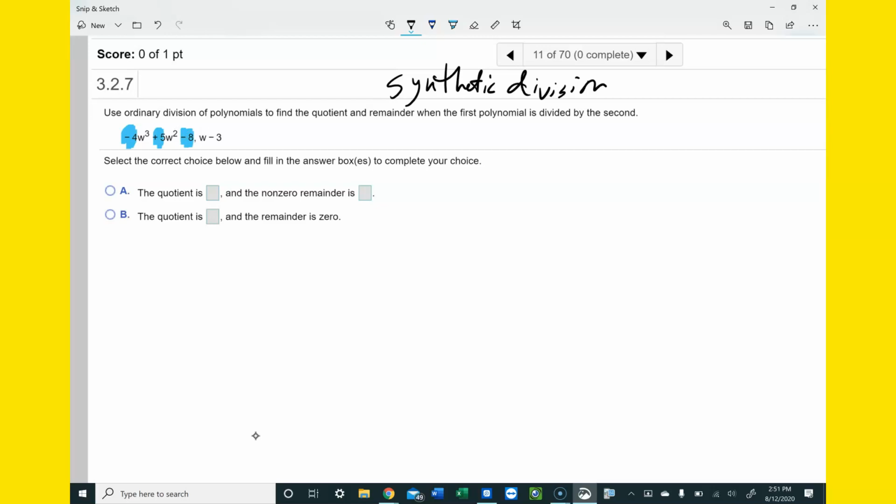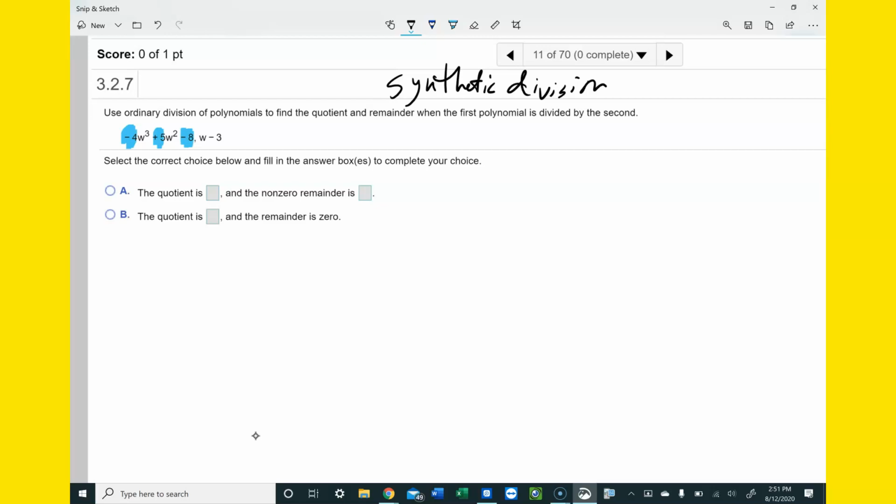Whatever the leading term is, in this case the leading term is the negative 4w to the third. The leading term is the term that has the highest exponent on the variable. Whatever that exponent is, it has to step down by one number in the exponent with every step.